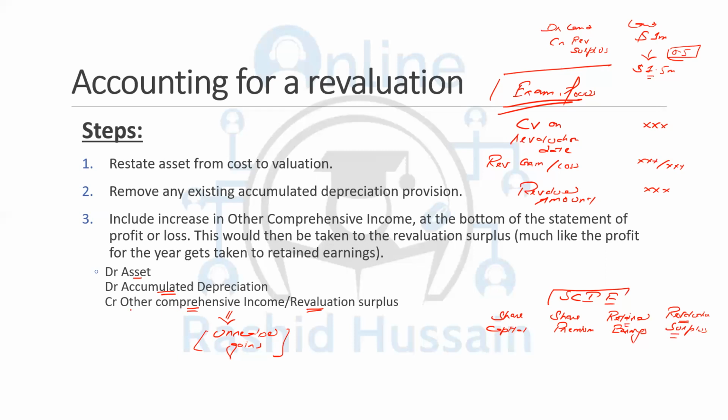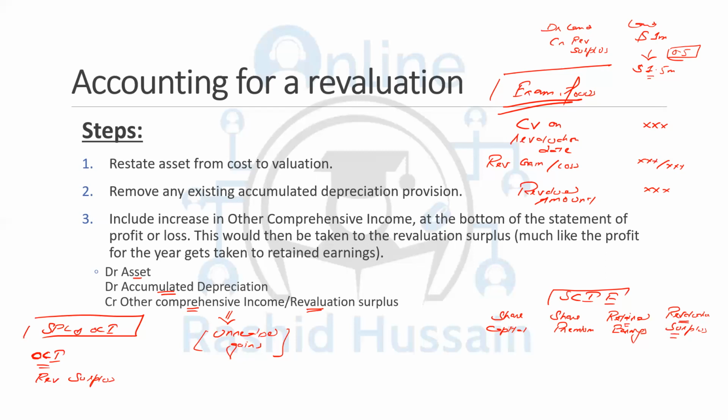And this other comprehensive income, we know we have the statement of profit or loss and other comprehensive income. This OCI portion is actually after the profit for the year. I have explained that when we were discussing lecture 2, introduction to the financial statements.